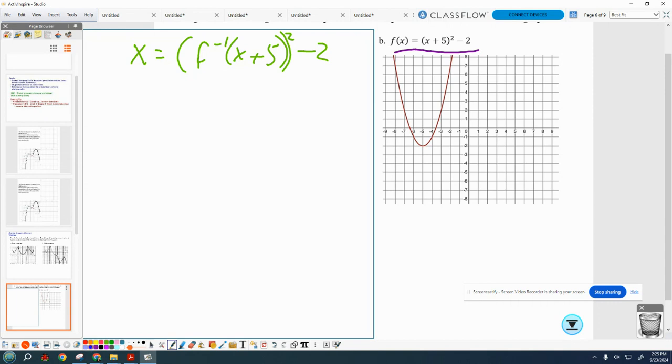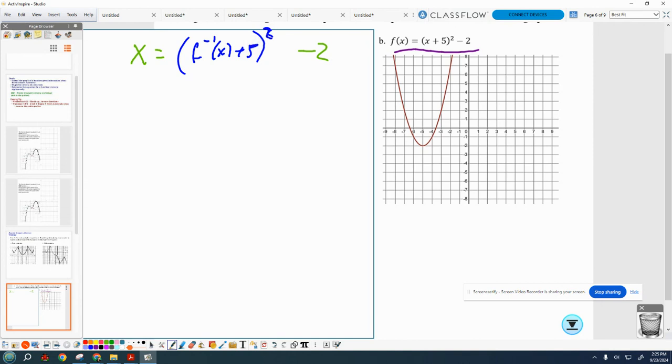Angel, undoing one step at a time. What do I have to get rid of? Oh, sorry, I wrote that wrong, didn't I? So I wanted f inverse of x plus 5.